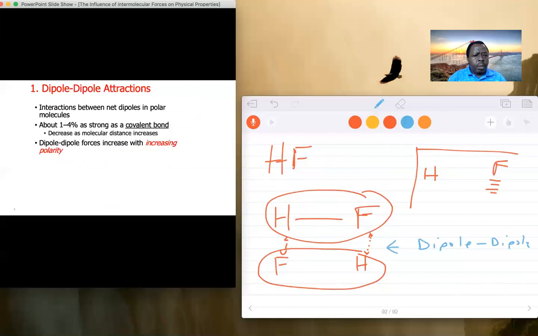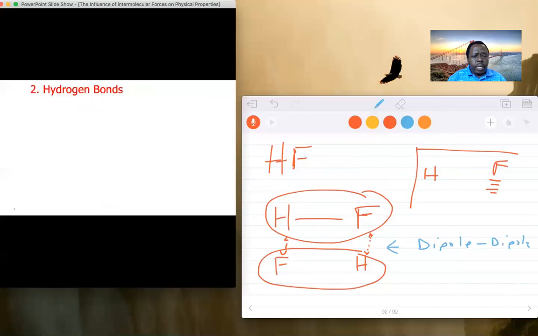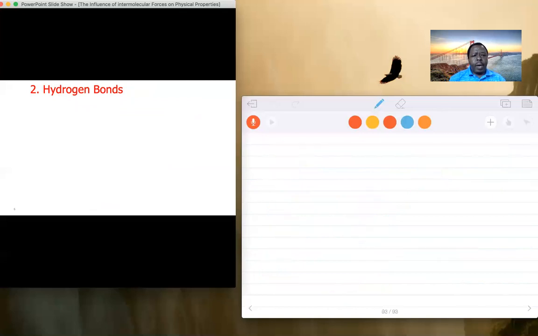I want to get real quick to the hydrogen bond. From the word hydrogen, there must be a hydrogen bonded to the most electronegative elements. This is an example of hydrogen bonding. That means hydrogen is bonded to fluorine, hydrogen is bonded to oxygen, hydrogen is bonded to nitrogen.